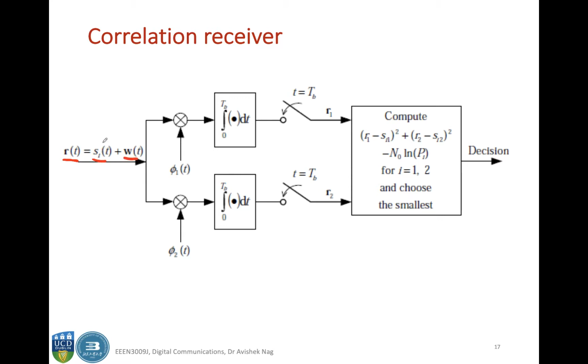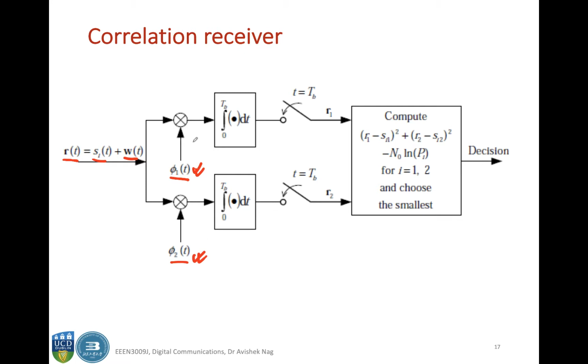So s_i(t) will be s_1(t) or s_2(t) depending on whether a 0 is transmitted or a 1 is transmitted. Now you are correlating the received signal with phi 1(t) and phi 2(t) separately. Basically, these are your orthonormal basis functions.